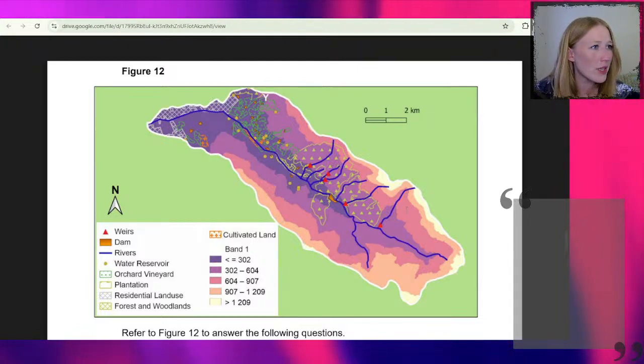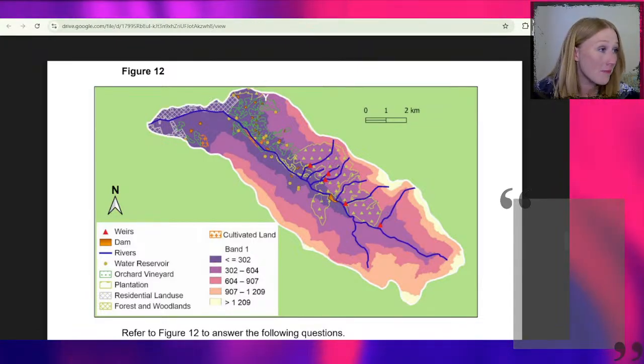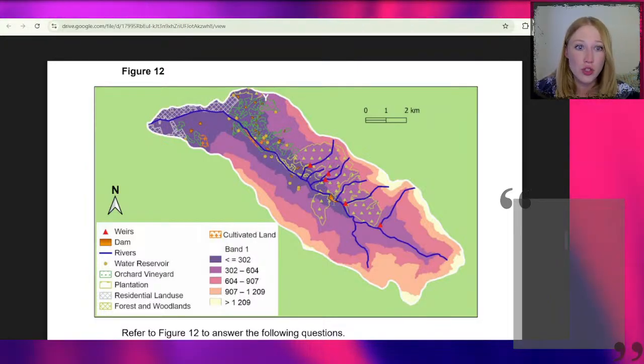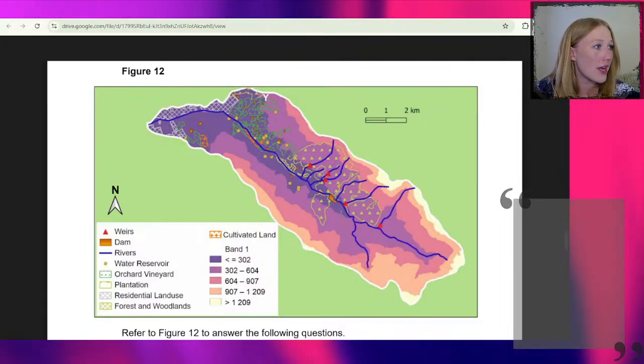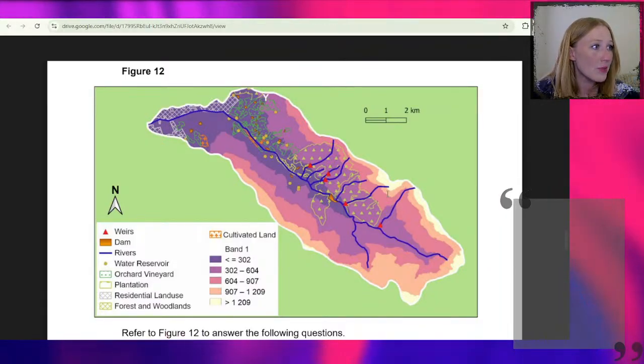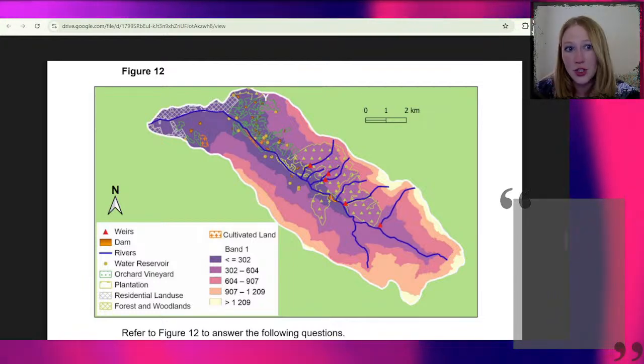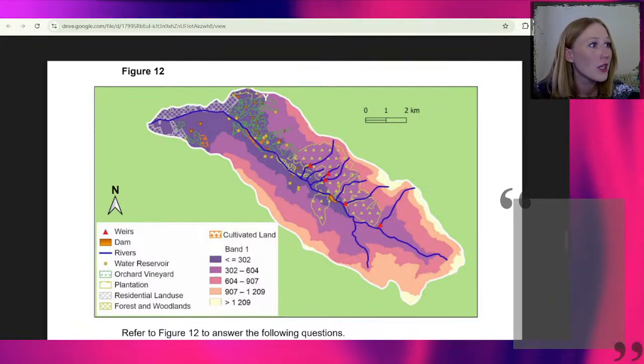What else am I missing? We have a dam over there. The dam could control the water flow, so if there was heavy surface runoff upstream, that could reduce the chance of flooding downstream.